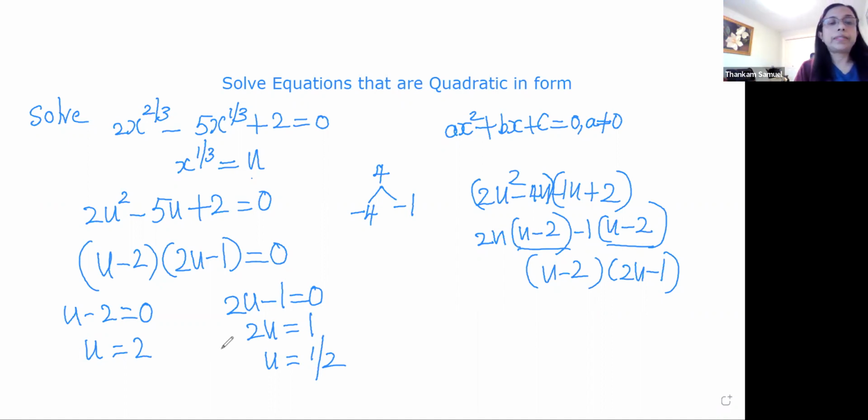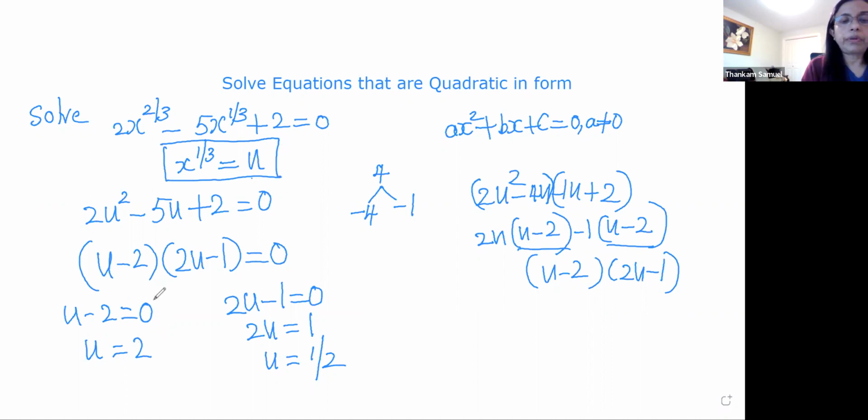So you can see that our original equation is in terms of x. So we have to find the values of x. So to find the values of x, we need to do back substitution. So this is our substitution, x^(1/3) equals u.